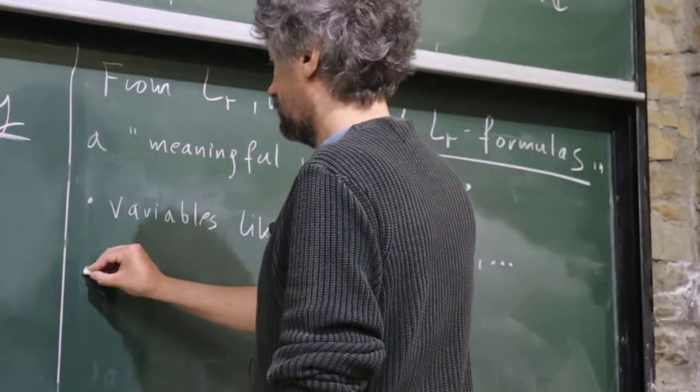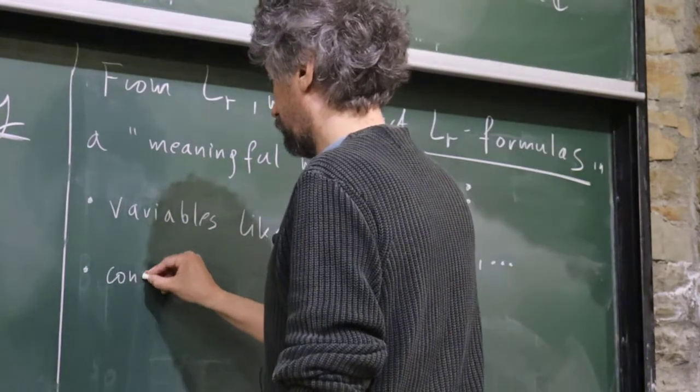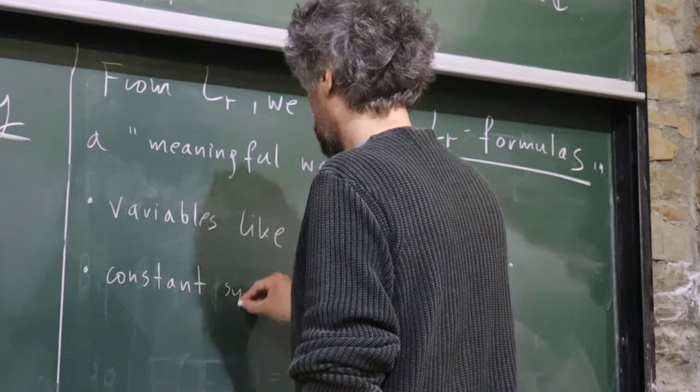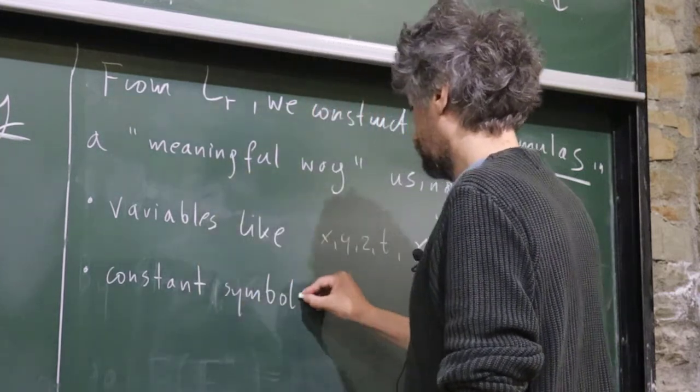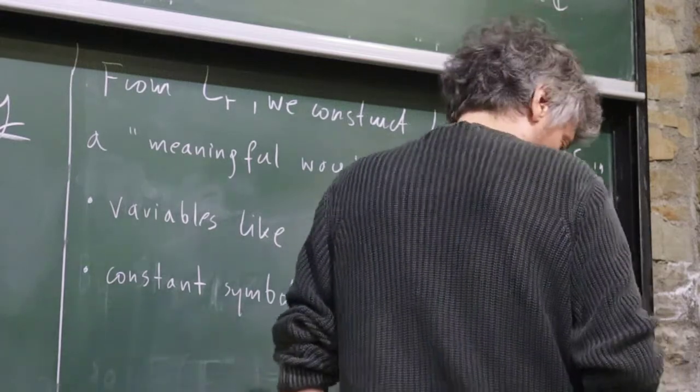Constants. So this is something which will be used for any language, but now specific things for our language. Constant symbols: we have these two, 0, 1.